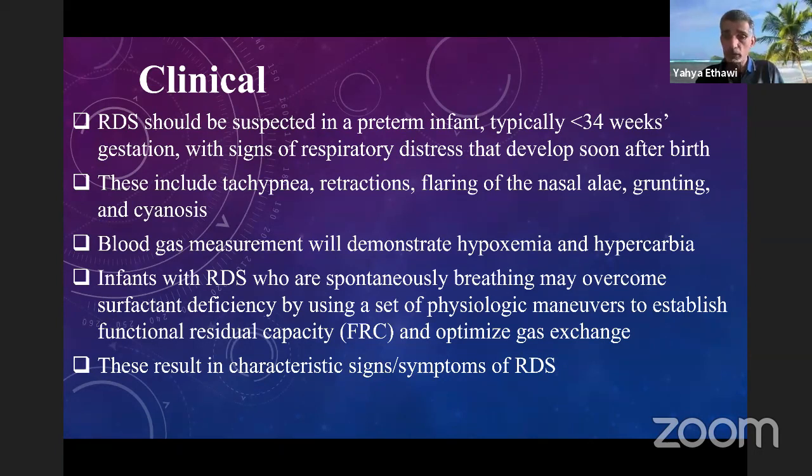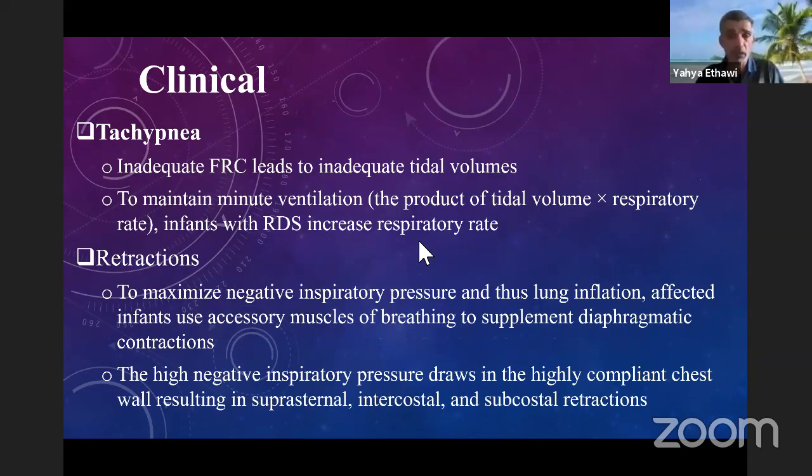If the child is spontaneously breathing, they will overcome the surfactant deficiency by doing a physiological maneuver to increase the functional residual capacity, what we call grunting, to optimize gas exchange. These signs are characteristic of RDS, however, they can be seen in other diseases. So we have tachypnea to increase the functional residual capacity.